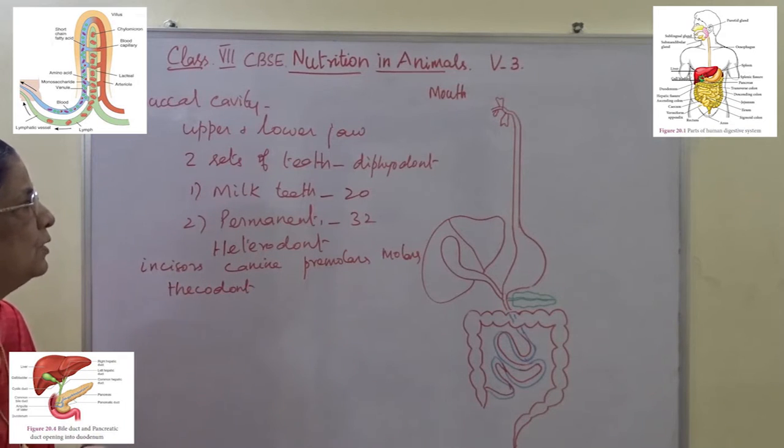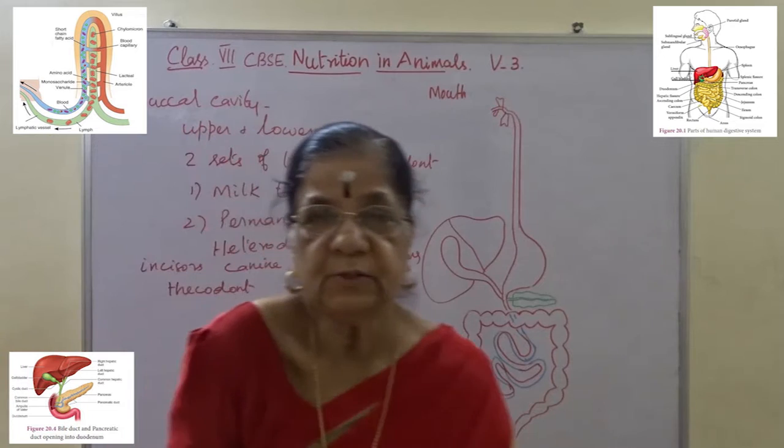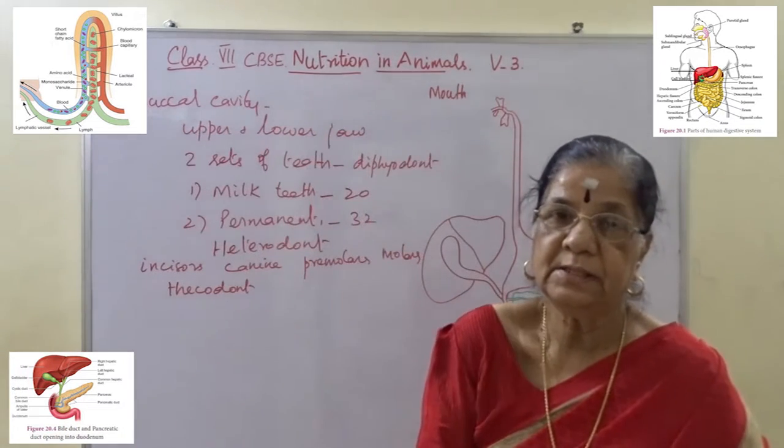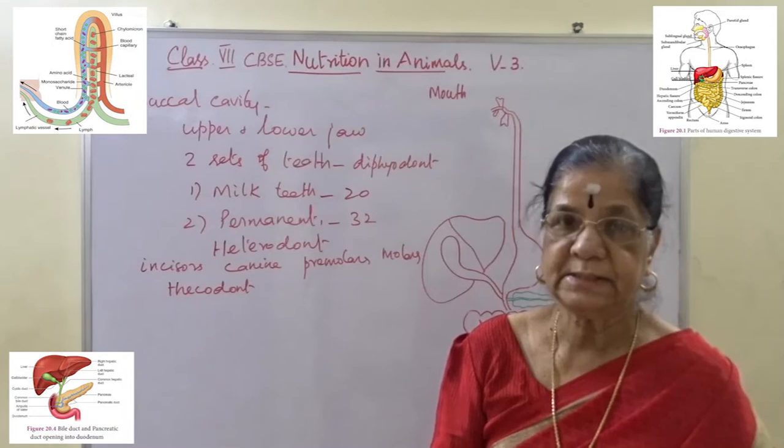So we should know what is diphyodont, what is heterodont, and what is thecodont. Diphyodont is two sets of teeth in human, as milk teeth, 20 in number, replaced by permanent teeth.